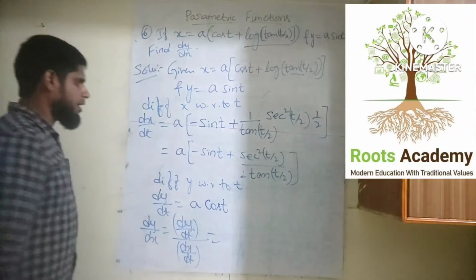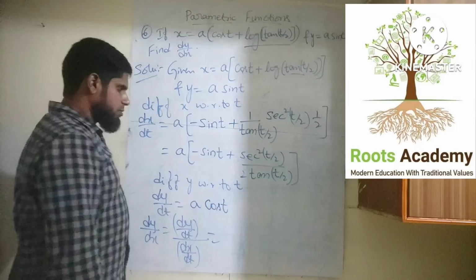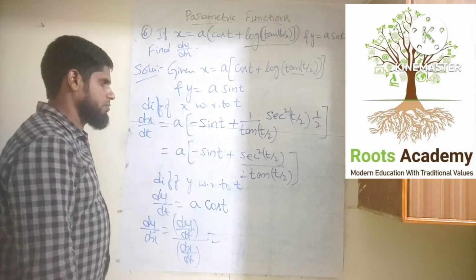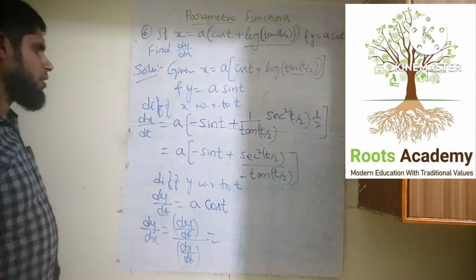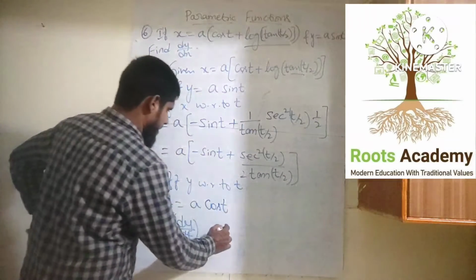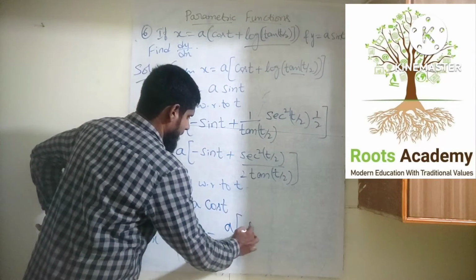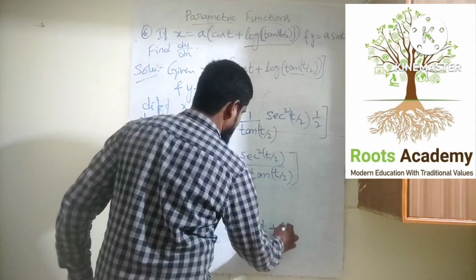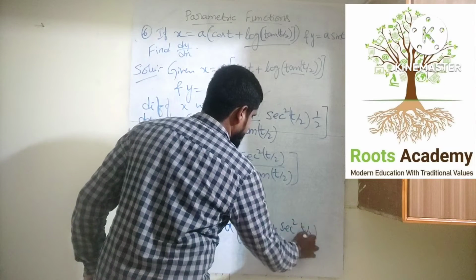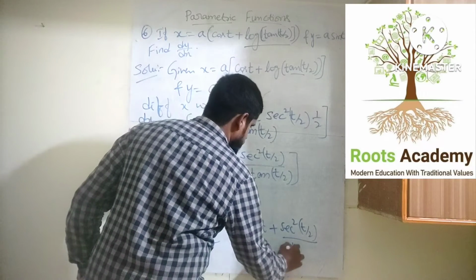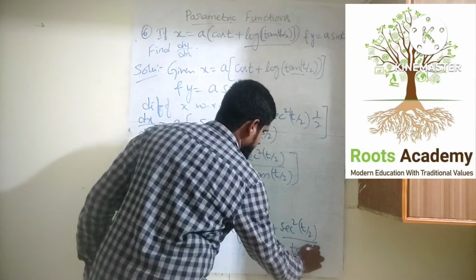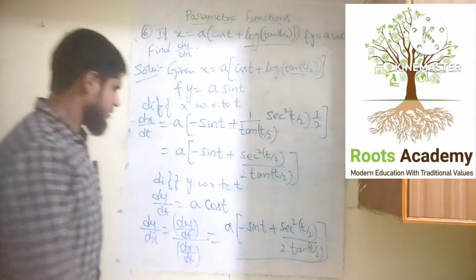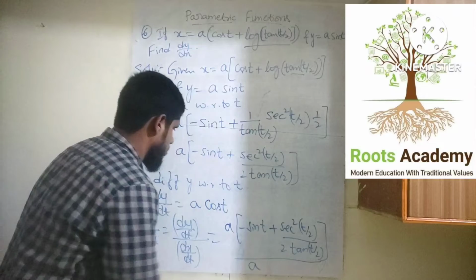So then this can be written as a into minus sin t plus secant square t by 2 divided by 2 tan t by 2 whole divided by a cos t.